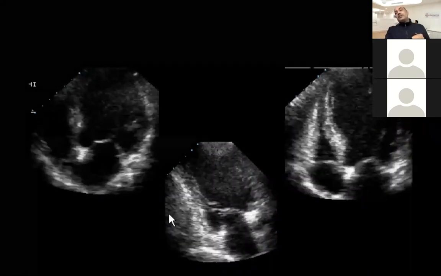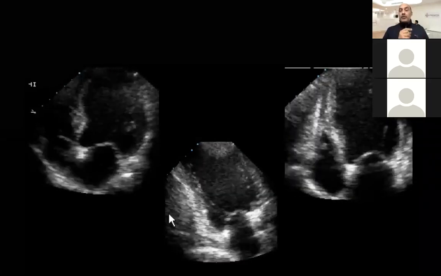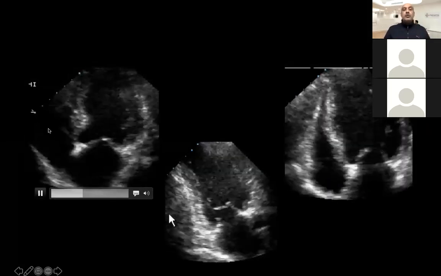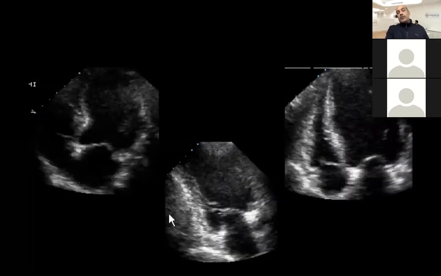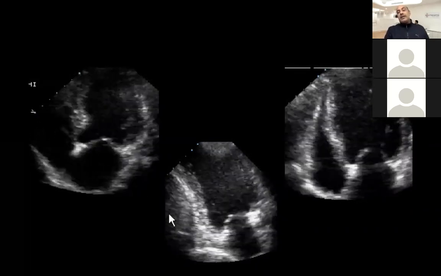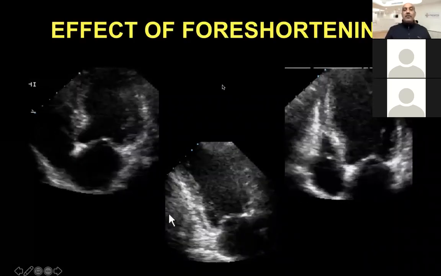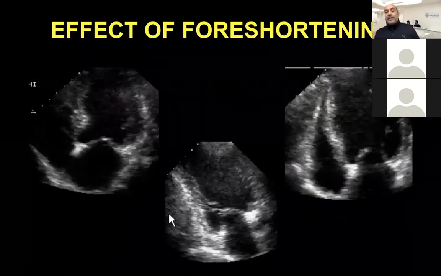And as soon as we look at the apex, we halt there. This is a big problem because if we halt there, we would only have a situation like this. We should keep on going out and down till we lose the heart, and then we start looking at the heart back. That is when we'll have a good image like this. Otherwise, we'll make the error, and this is called the error of foreshortening. We have to be very cautious about it.